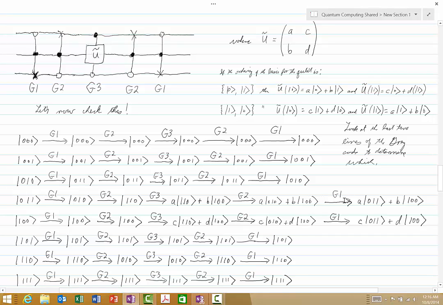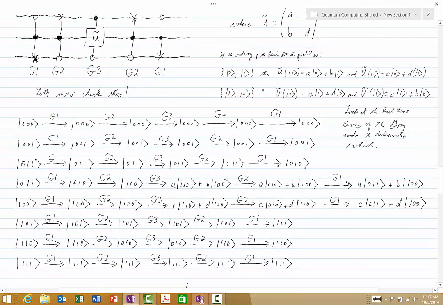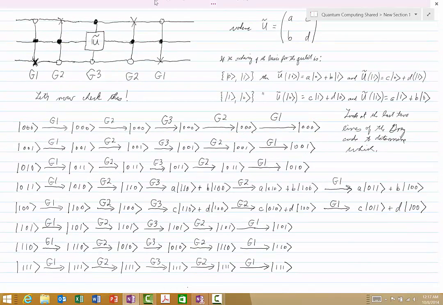And then G1 will act on this, and since we have 0, 1 here in this term, the third bit will toggle, so we get 011 for both of those, but again 100 is unaffected. And so this is a detailed description of how this circuit will work.